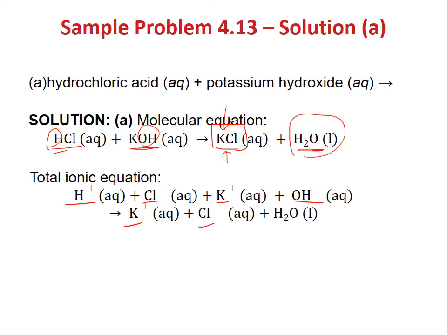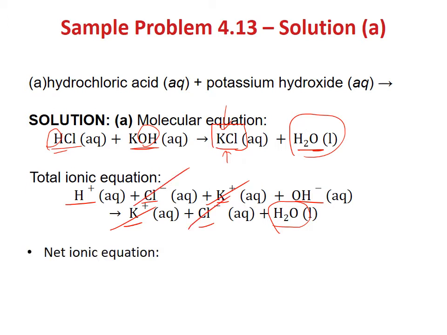Now water is a very weak electrolyte, so we cannot write hydrogen ion and hydroxide ion. We have to keep the formula of water when we write the total ionic reaction. So potassium doesn't change, so it's a spectator ion. Chloride doesn't change, it's a spectator ion.